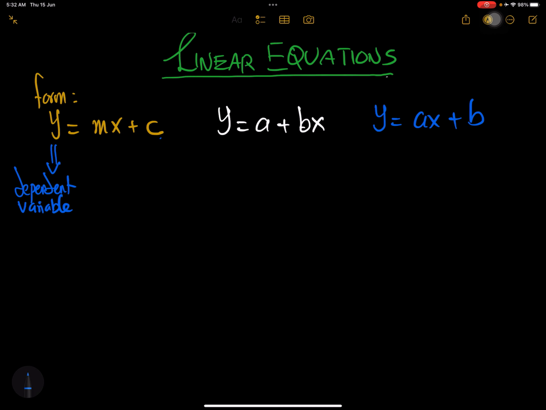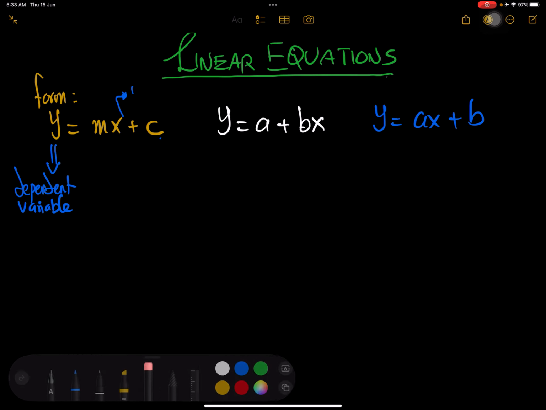You can see that the degree here is 1, like y is equal to mx to the power 1 plus c, which is the same as mx plus c. That tells you it's a linear equation.